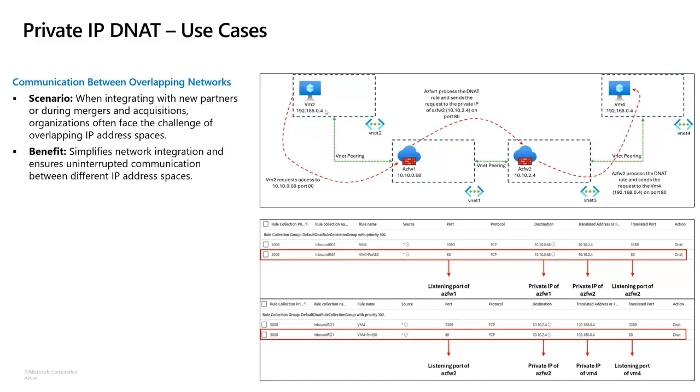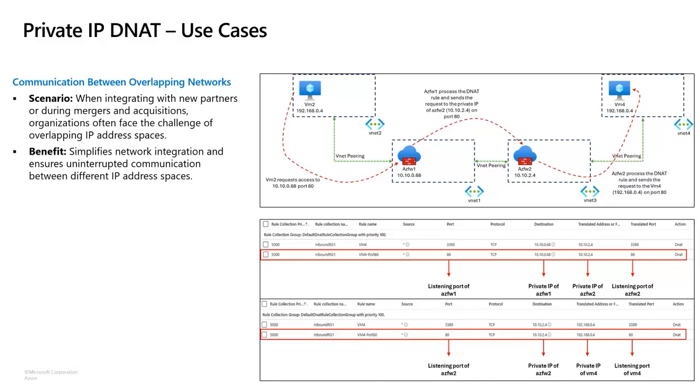You can see on these diagrams, which we also have in the blog I shared, the scenario for overlapping networks that we use to demonstrate this. In this use case, there's a requirement to deploy two Azure Firewalls. The primary function of the first firewall is to mask the original source IP by performing an SNAT, and this allows the second firewall to correctly distinguish between the source and destination IP addresses.